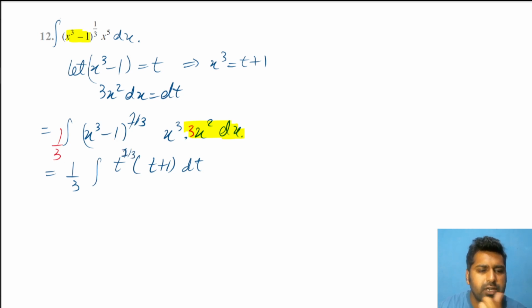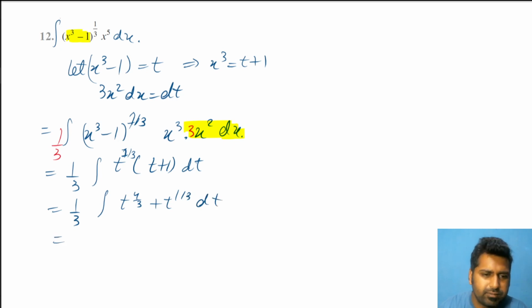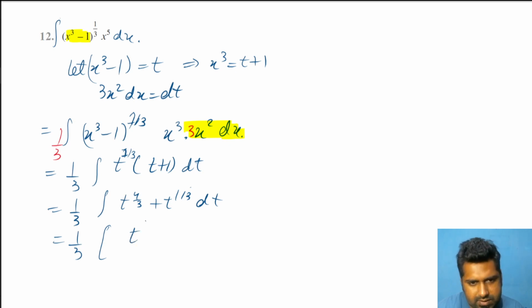Now what you can do? You can multiply this. 1 by 3 integration t raised to power 4 by 3, 1 by 3 plus 1, 4 by 3, plus t raised to power 1 by 3 dt. And now you can integrate. So 1 by 3 integration of this will be plus 1. So 4 by 3 plus 1 is 7 by 3.